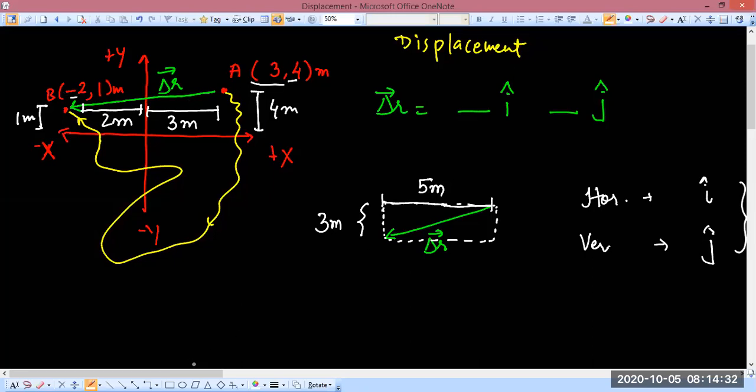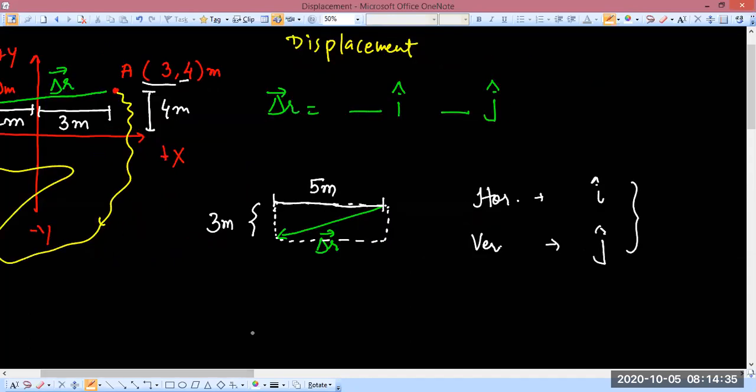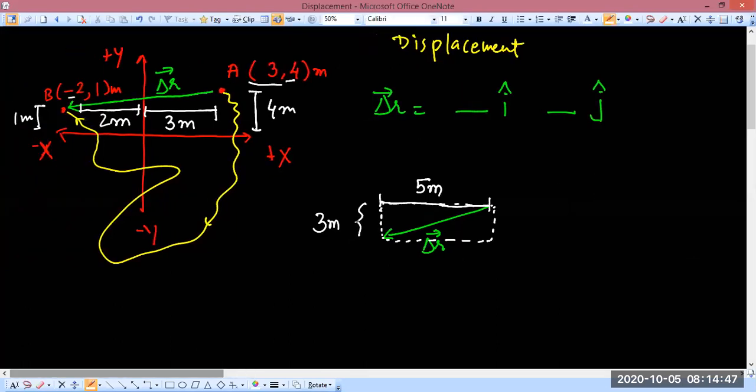If you look at this carefully, no, Vedant, don't try to rush. Okay? Now, if you look at this vector carefully, do you realize that this vector, the displacement vector, is actually going here in this direction?